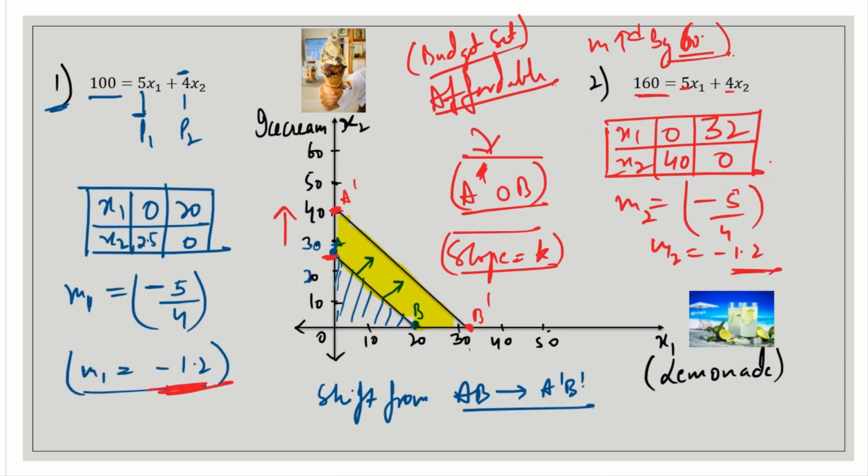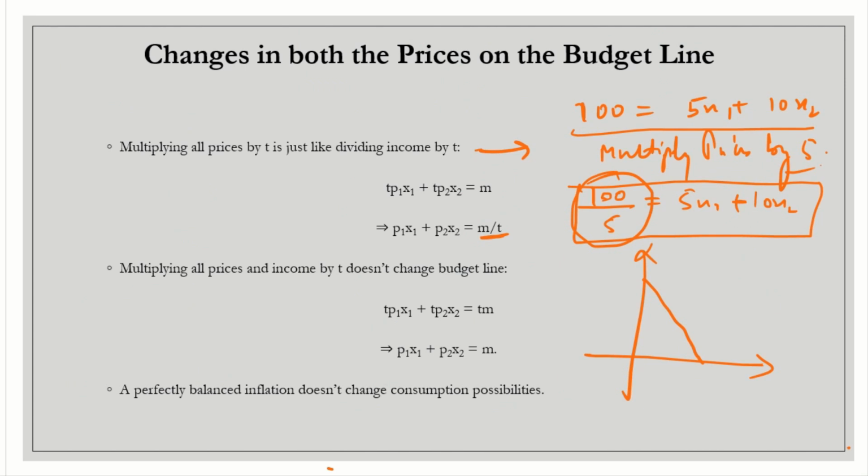Because see here, your income was being changed. Now what is happening here? If you observe how your graph will emerge, this will be 20. If you compare both the cases, this had 100 income, 100 is equal to 5x1 plus 10x2, but now the new equation has 20 rupees.